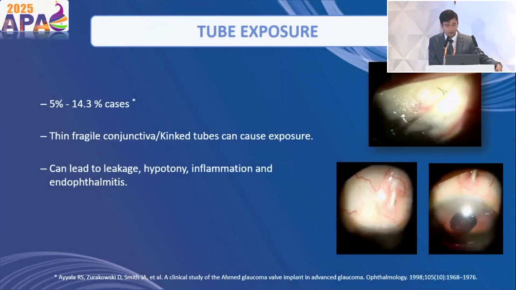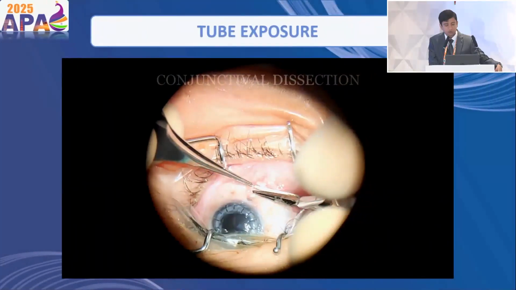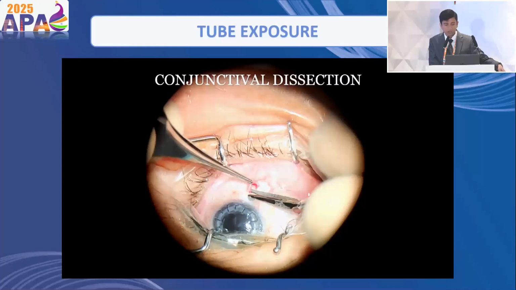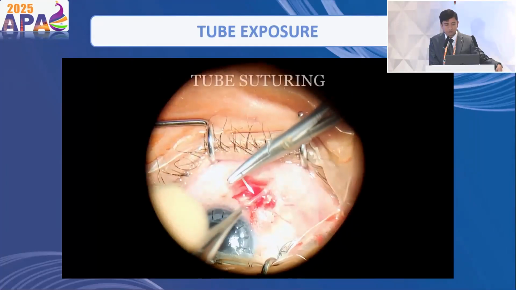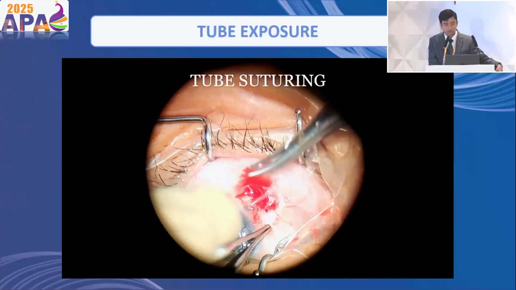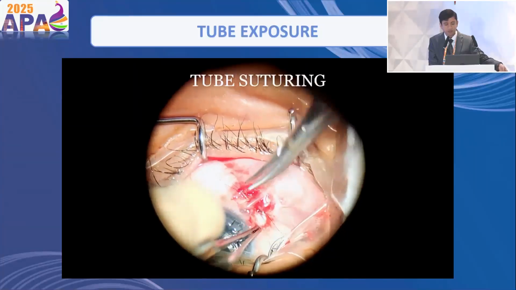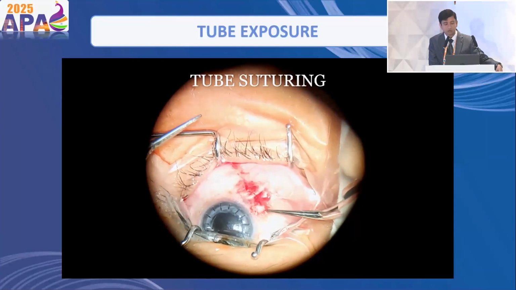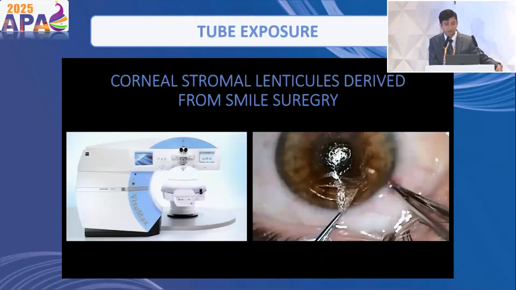Tube exposure can happen, so you need to repair that. This is an inferior tube with a PK which exposed 3 times. I've used scleral patch graft, I've used a corneal patch graft, so in this case I used the corneal stromal lenticules derived from SMILE surgery.